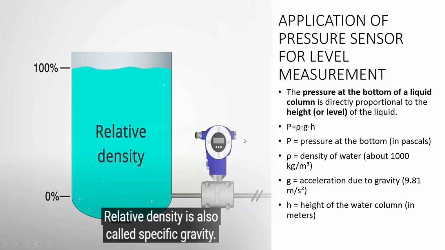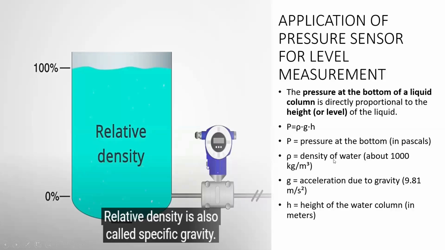If you want to make use of this in measuring level in the tank, the density or the specific gravity of the liquid itself needs to be known, that is, if the liquid is not water.